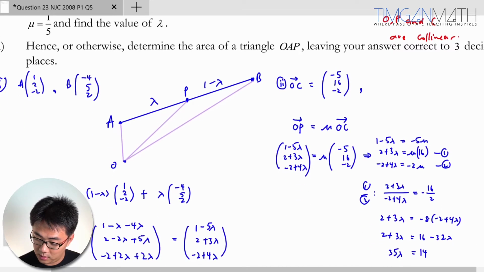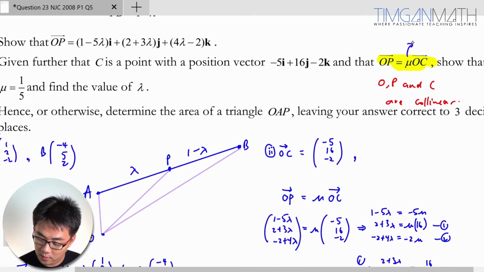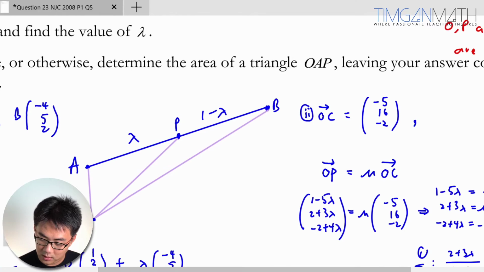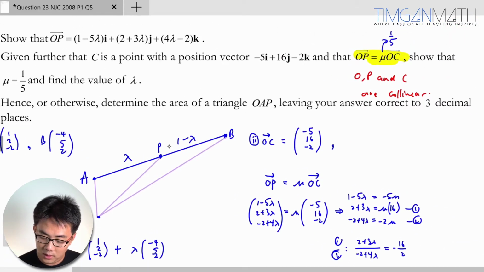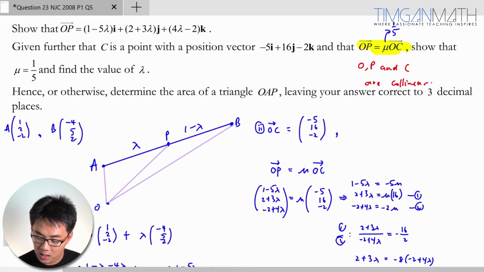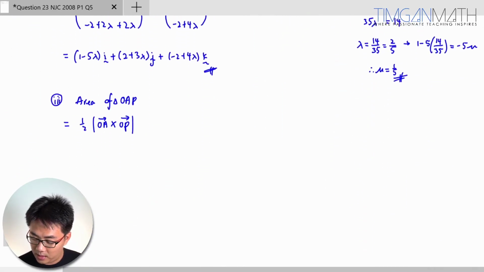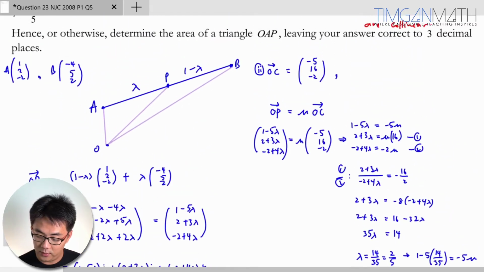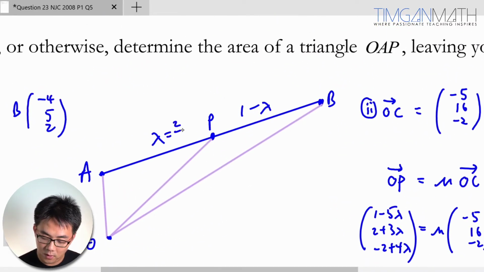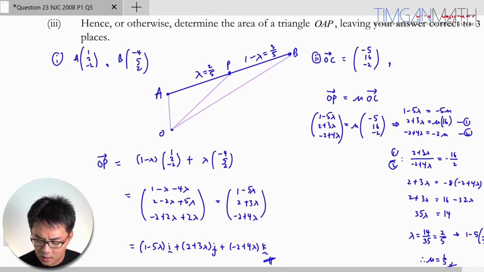So mu is actually 1/5. So OC is here. This is 1/5, but it doesn't make sense. Oh, because you found lambda. Lambda is 2/5. So if this is 2/5, this would be 3/5.